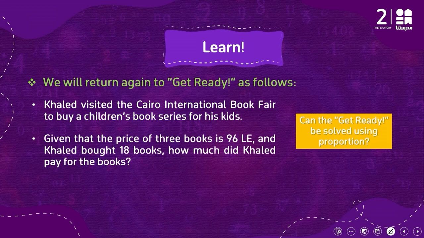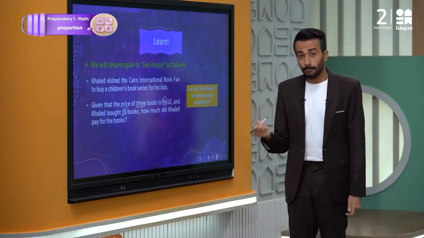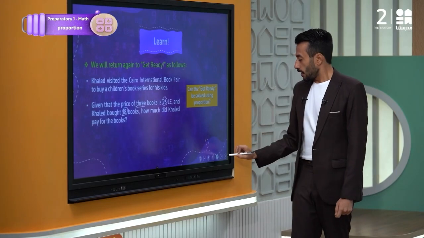The same question: someone called Khalid visited the Cairo International Book Fair to buy some books or stories. He found that 3 books cost 96 Egyptian pounds, and now he needs to buy 18. How much did Khalid pay for these books?